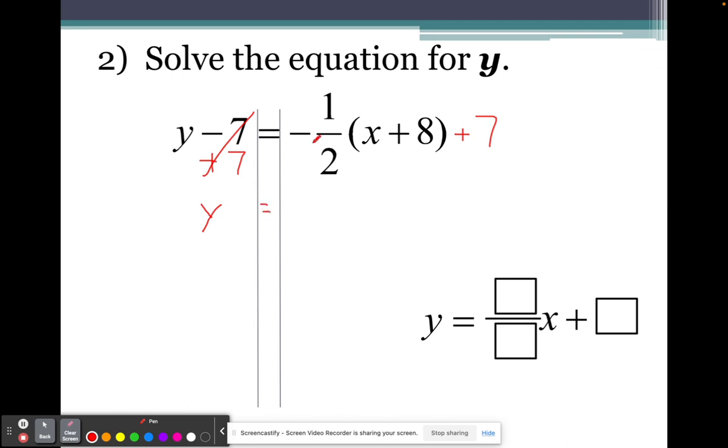First, I have a negative 1/2 times x is negative 1/2 x. Then I have negative 1/2 times 8. So what's half of 8? It's 4, and it's a negative, so negative 4. And I add 7.